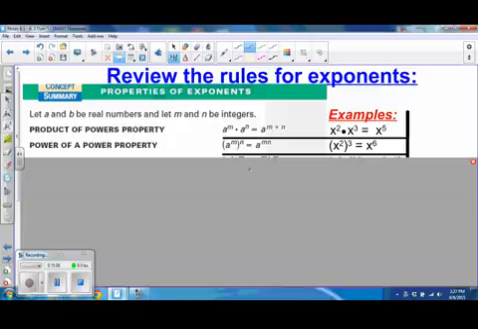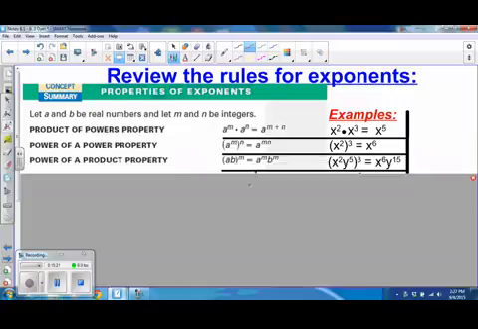If you raise a power to a power, you multiply them. So x squared raised to the third power, you multiply 3 times 2, and that's x to the 6th. Y'all remembering this? Yes, good. If you have more than one thing raised to a power, you take each thing individually and raise it to that power.